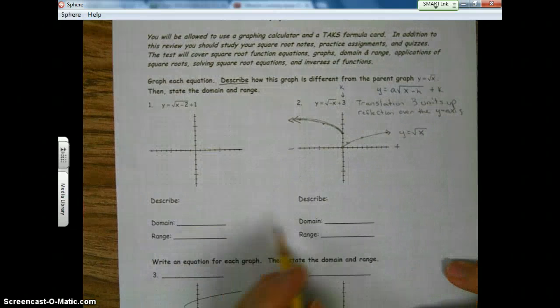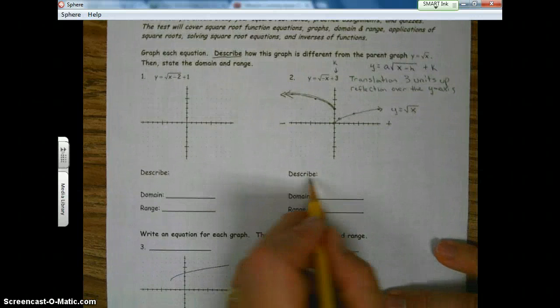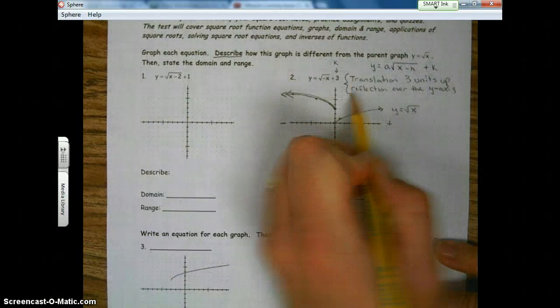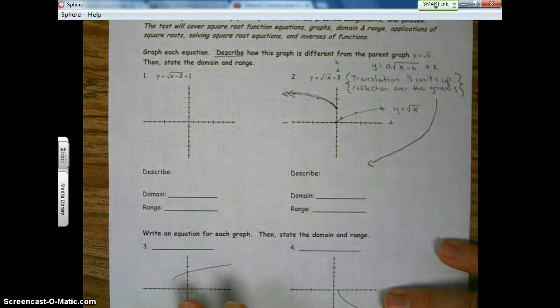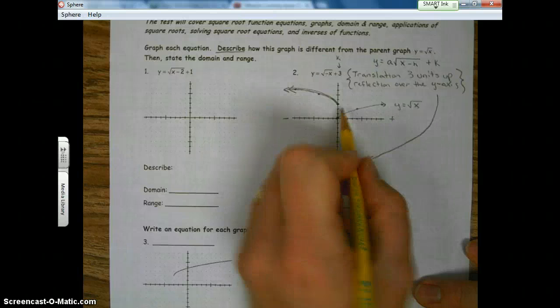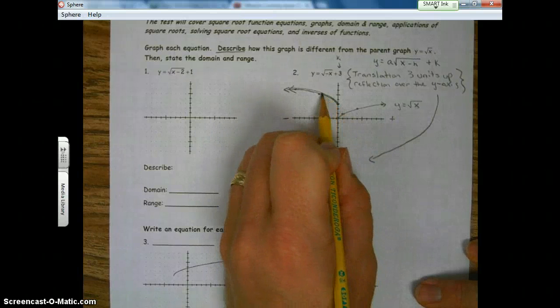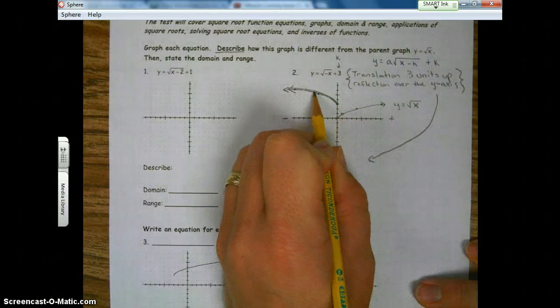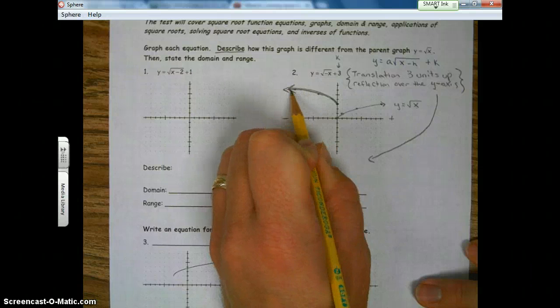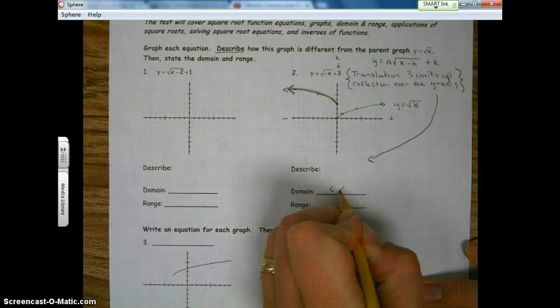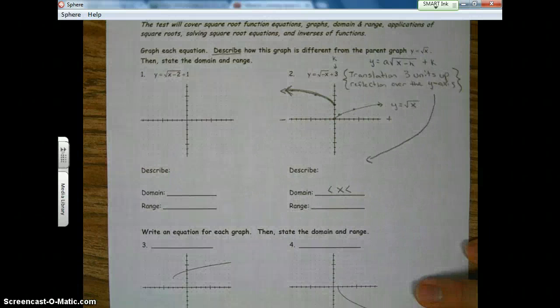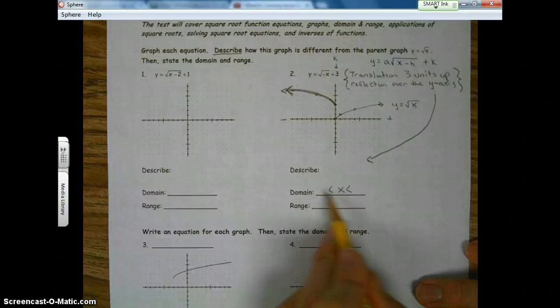Alright, so the domain and range, I'll go ahead and go down here. I should have put my description down here. Domain. So the domain values, personally, you can do it one of 2 ways. You can do it the old-fashioned way, where you put the less than, x, and less than, and we go from left to right.